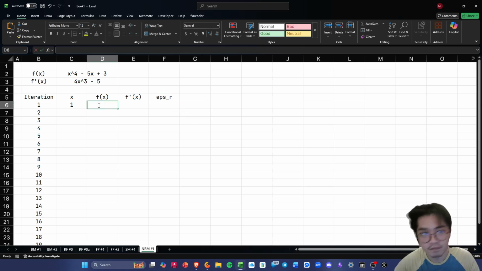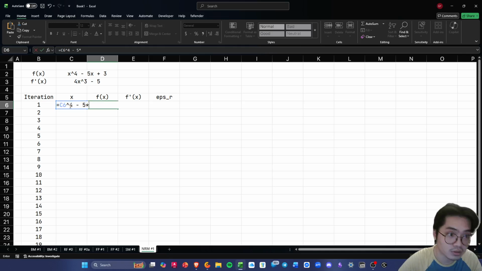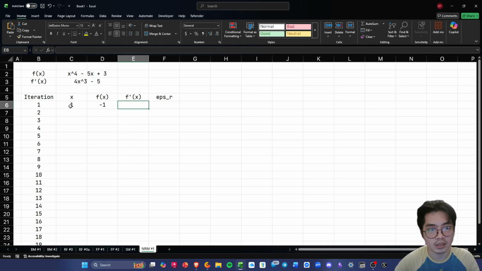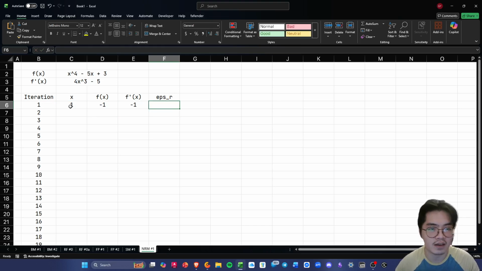Okay, f of x is just going to be this raised to 4 minus 5 times this value plus 3. Then f prime will be 4 times this cubed minus 5. Then let's have our epsilon there.